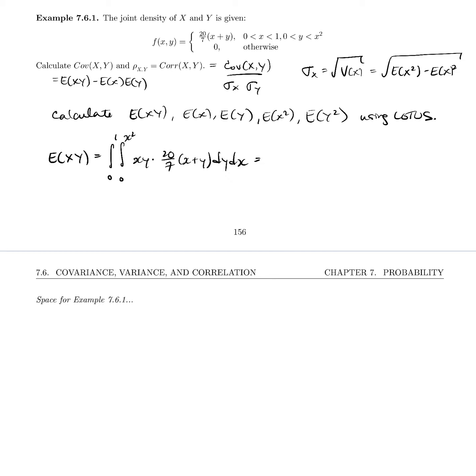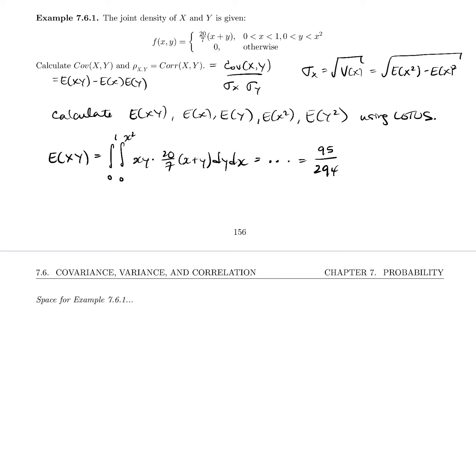Now, this is just a matter of multiplying through, crunching through the integral, which we have done many times now, and so I'm going to give you a value that I computed off screen to save us a little bit of work, and in fact I'll do that for all of these integrals. So that's 95 over 294.